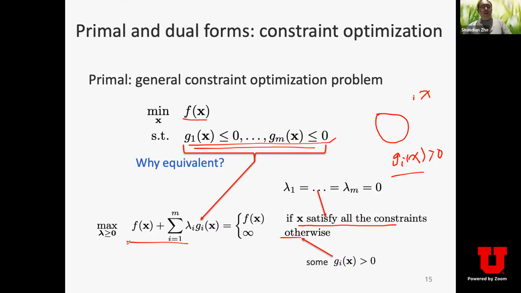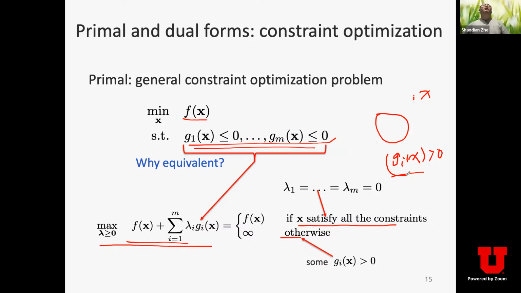And then in this case, if you want to maximize the Lagrange function with respect to non-negative lambda, what is the maximum value? We know that we add f(x) with some positive gi(x) times lambda i. Now I want the whole function to be as large as possible. How should I choose lambda i?